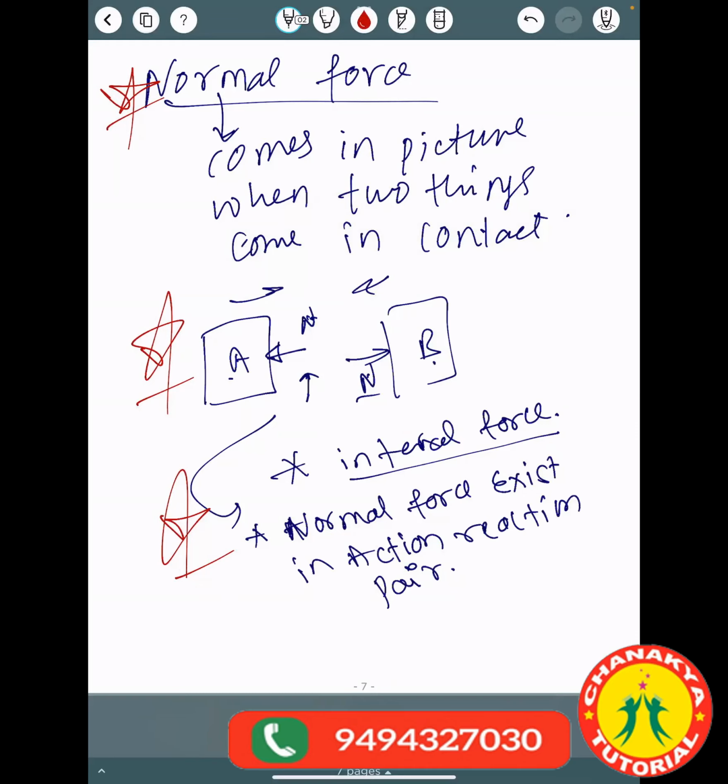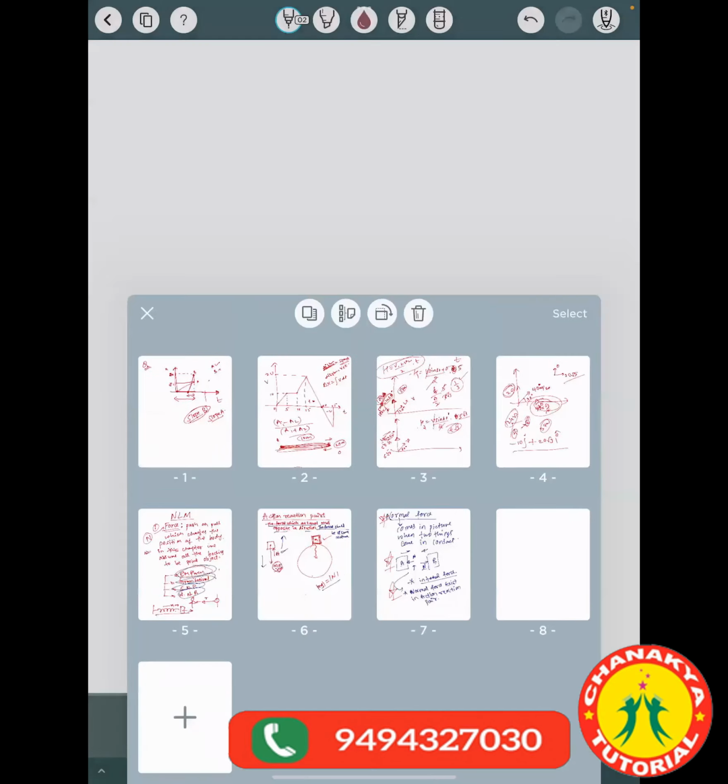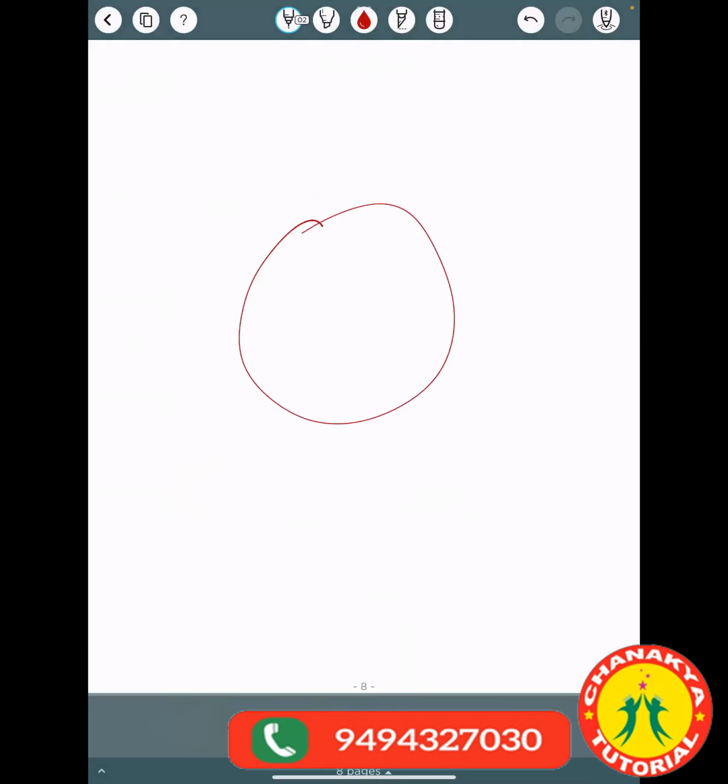Okay. Now let us take the same question. This was mass, this was earth, right? So if I take this mass M, now earth and this block A, let's say they are coming in contact. That means earth will apply a normal on the block, and the block will also apply a normal on earth.